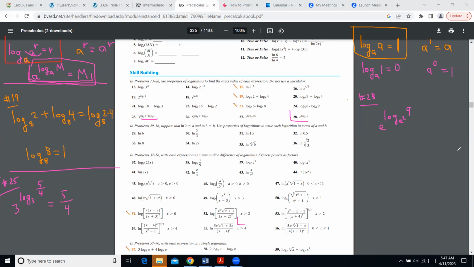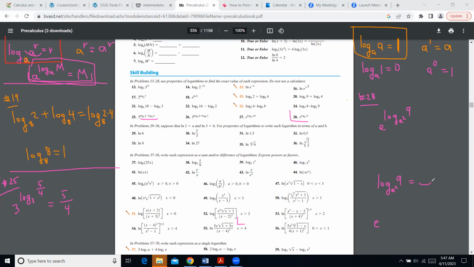Well, whatever they want, we just want to simplify that. And to be able to simplify, I probably want to see what is going on with this logarithm base e squared of number 9. Let's try to recall the definition of logarithm.